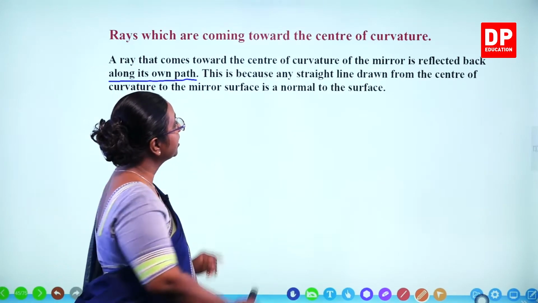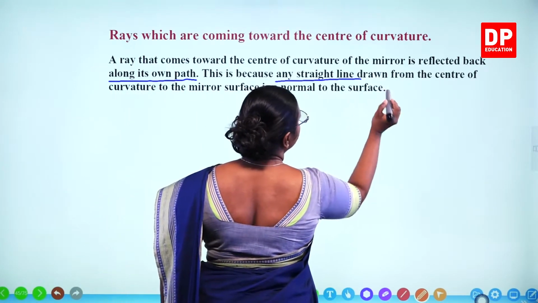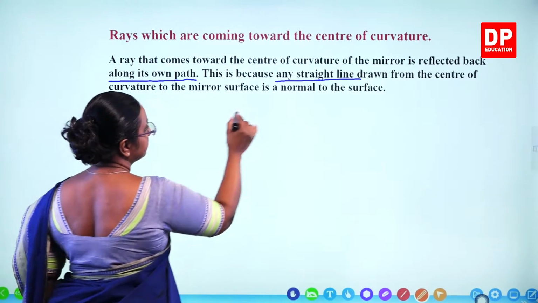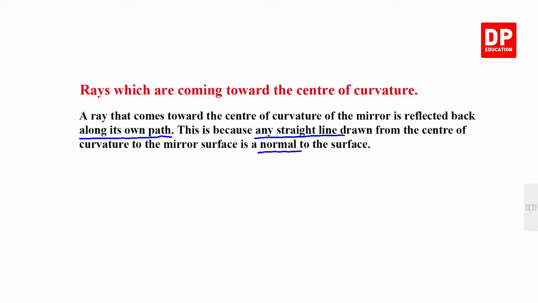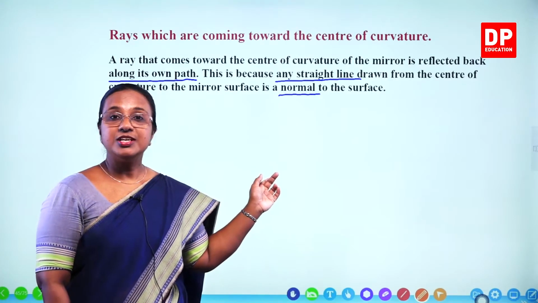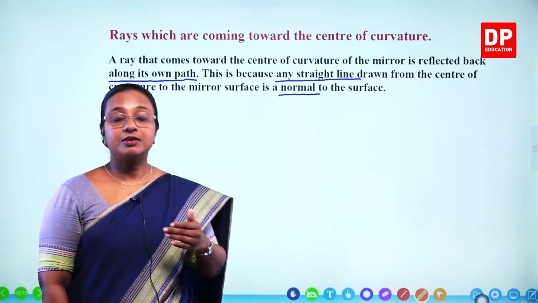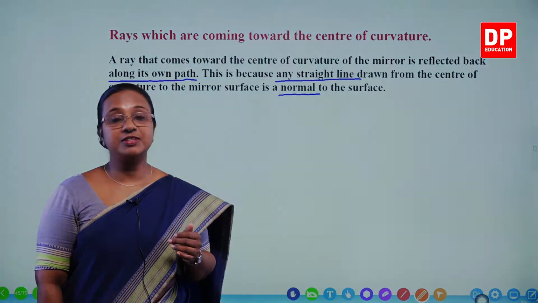This is because any straight line drawn from the center of curvature to the mirror surface is a normal to the surface. So students, first we will observe the ray that is coming along the center of curvature.